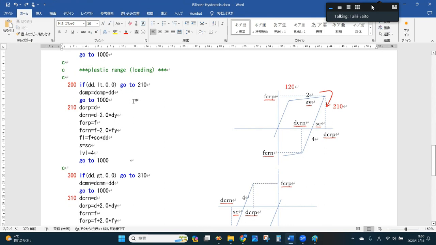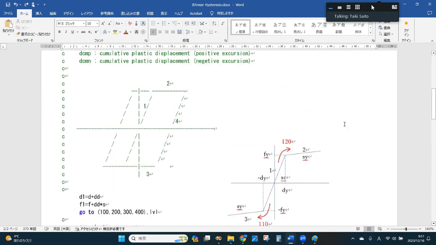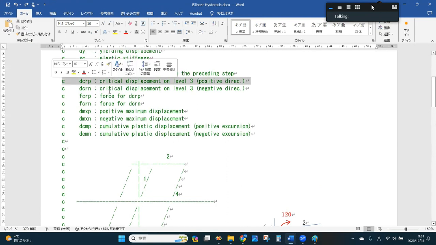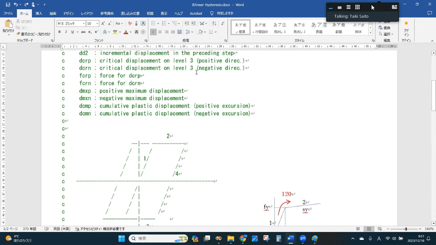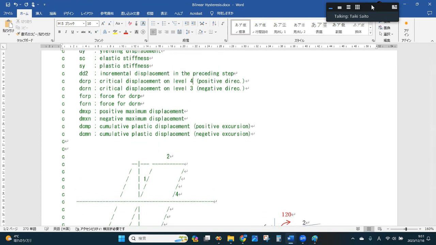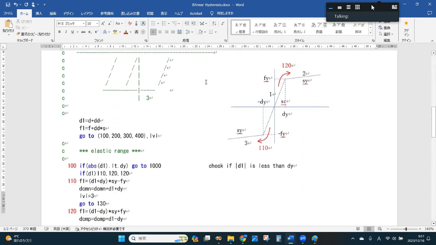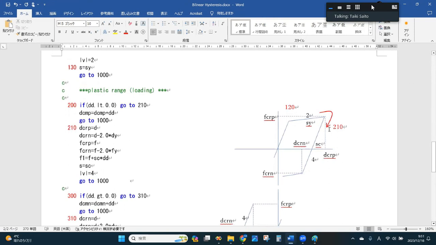So in this case, you should go to 210. And this return point we name DCRP. DCRP is the critical displacement on level 3. Sorry, I made a mistake. This must be level 4. So the return slope we call level 4.